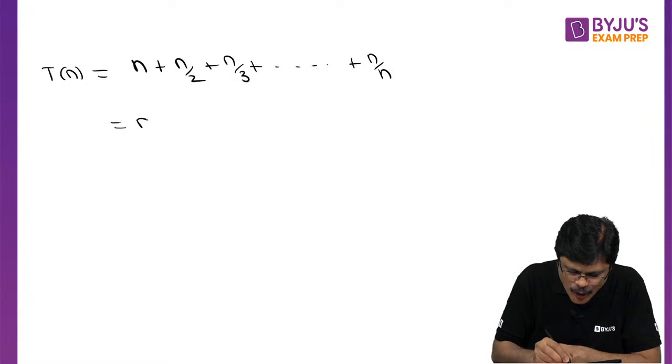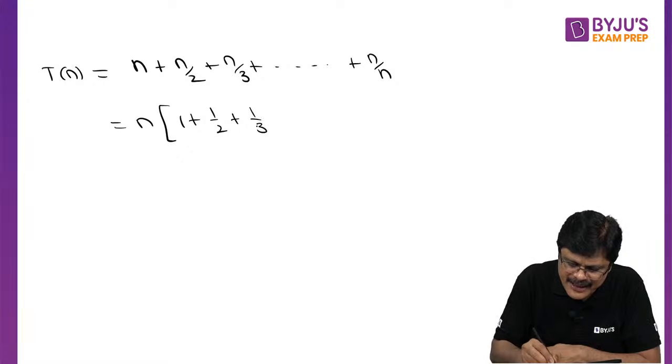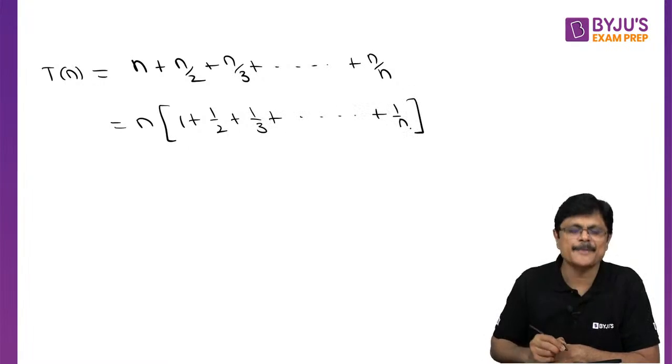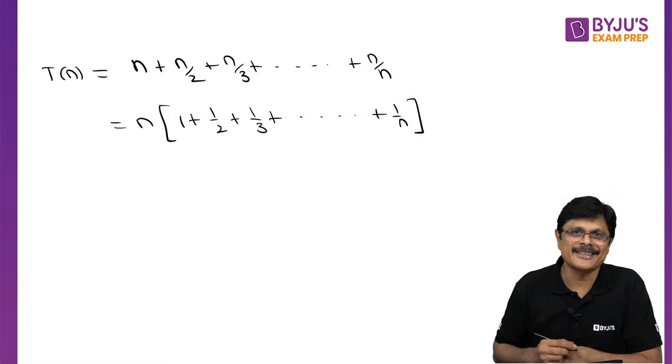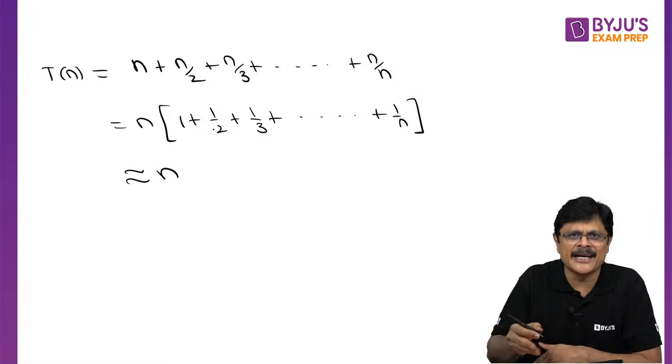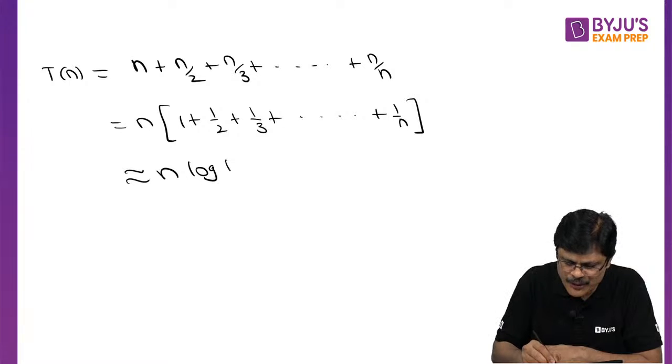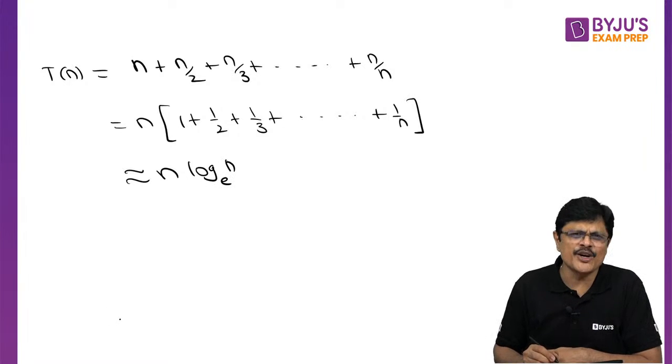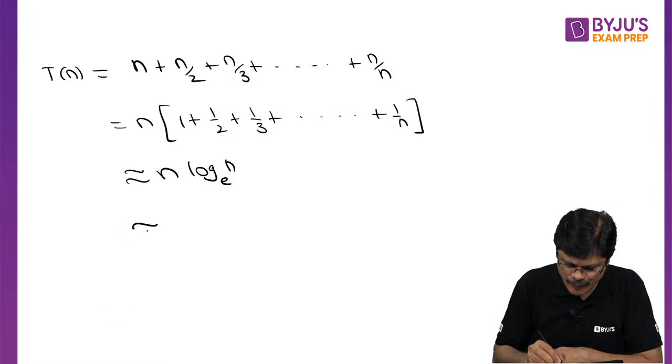Now taking n common, it is 1 plus half plus 1 by 3 plus and so on up to 1 by n. And what is it? Harmonic series. And for the harmonic series, the sum of the first n terms can be approximated as log n to the base e. But the base of the logarithm does not matter. Therefore, this is n log n, my dear friends.